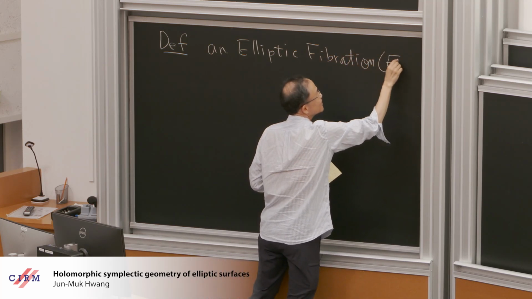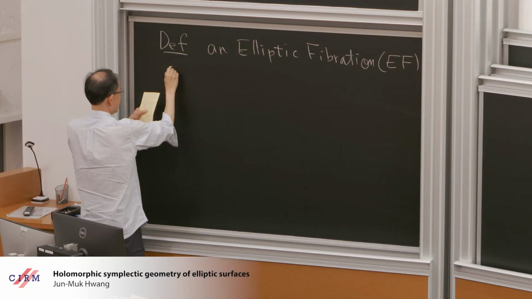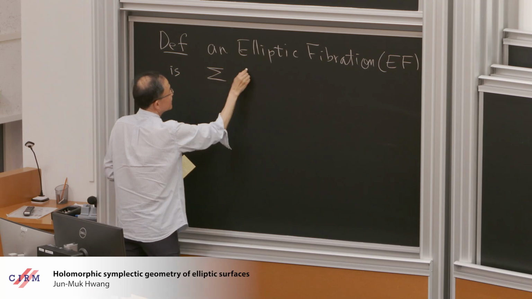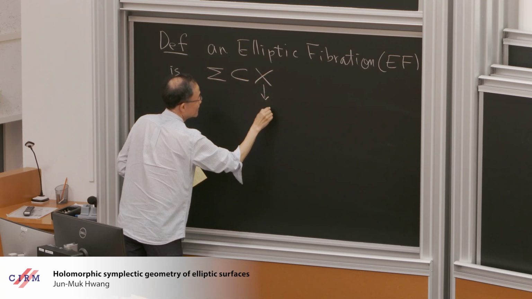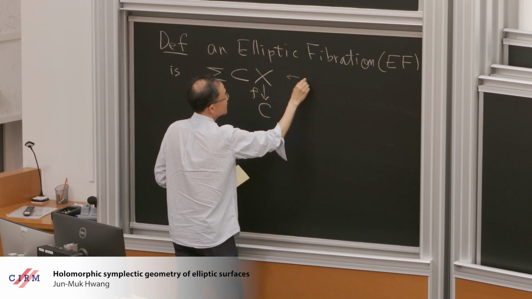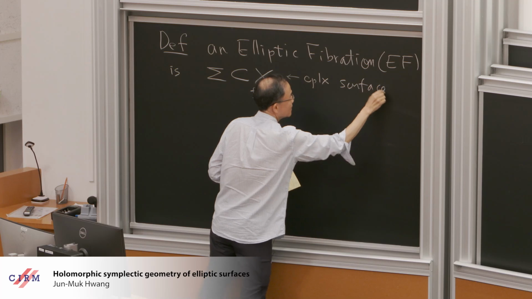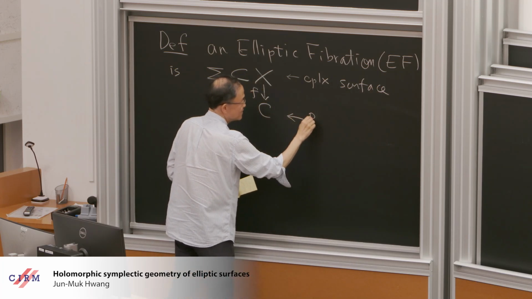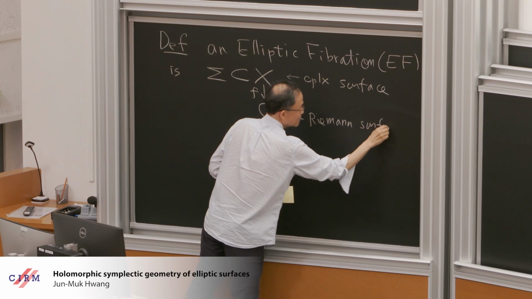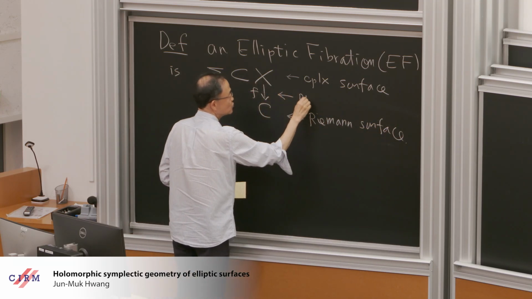An elliptic fibration, which I will abbreviate by EF, is the following map F from X to C, where X is a complex surface and C is a Riemann surface, and F is a proper surjective holomorphic map.